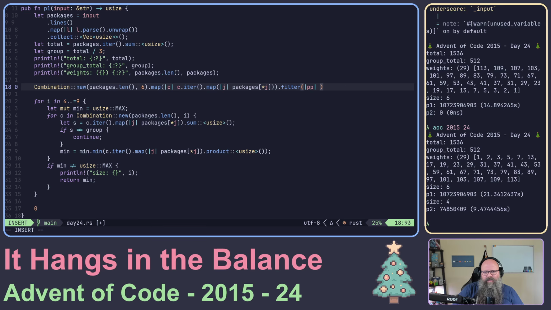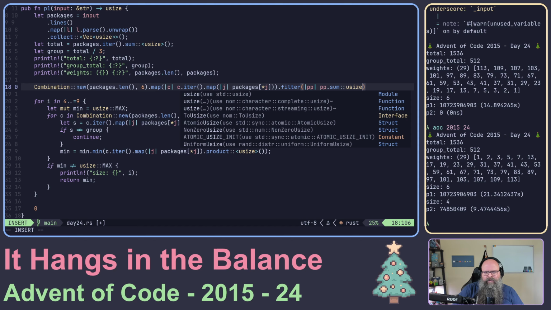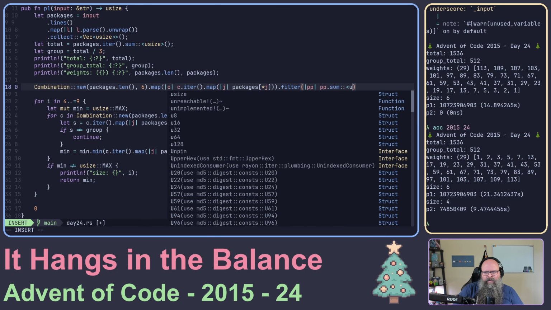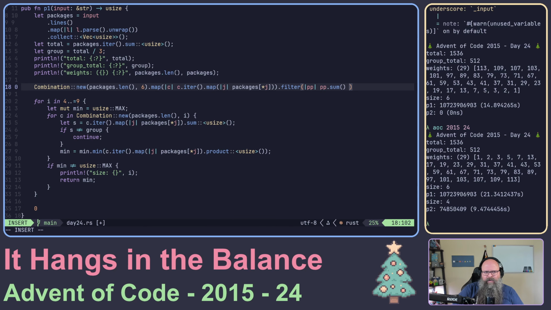where the packages dot sum does not. No, we only want to keep them where it equals group.